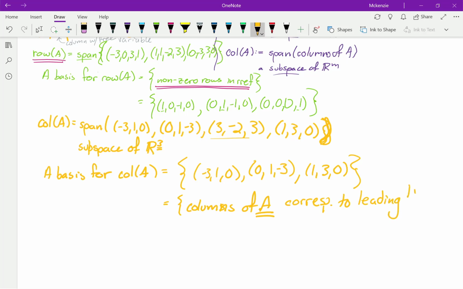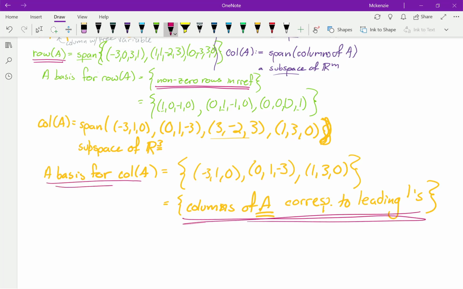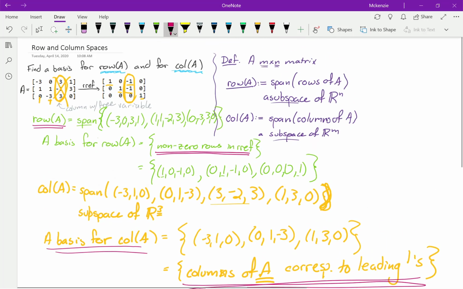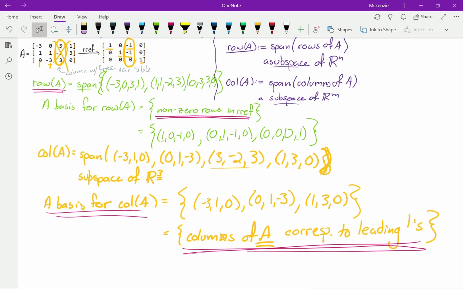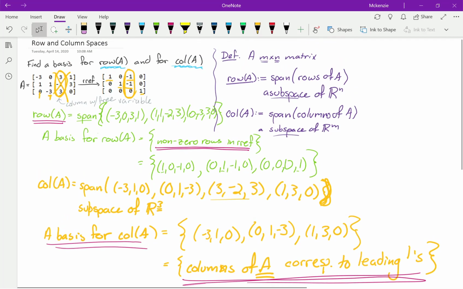So our basis for col A we can get by looking at the columns corresponding to the leading ones. And this is going to be consistent. That's one way to get the column space and the row space, particularly bases for these values for a given matrix.